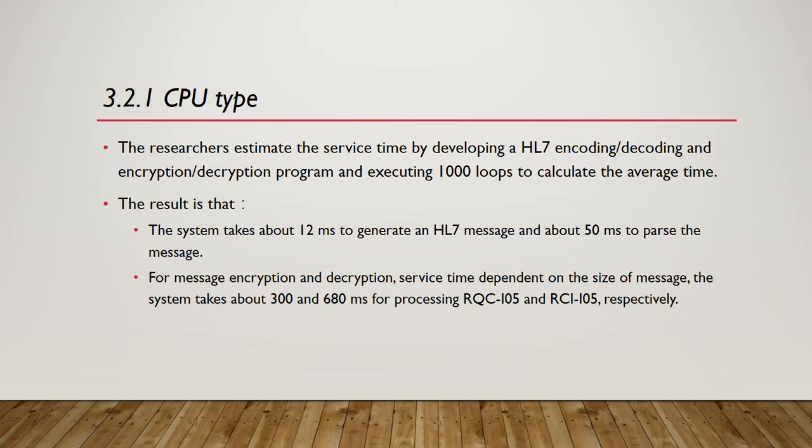For message encryption and decryption, service time depends on the size of the message. The system takes about 380 milliseconds for processing the RQC IO file and the RCI IO file message respectively.